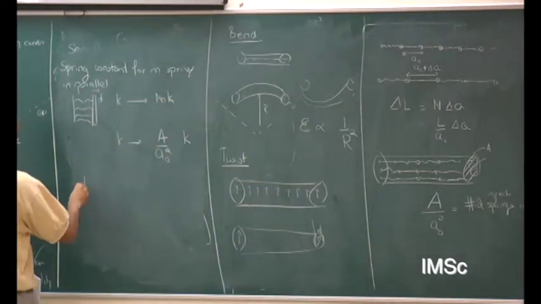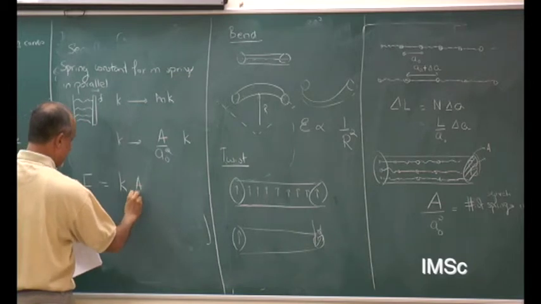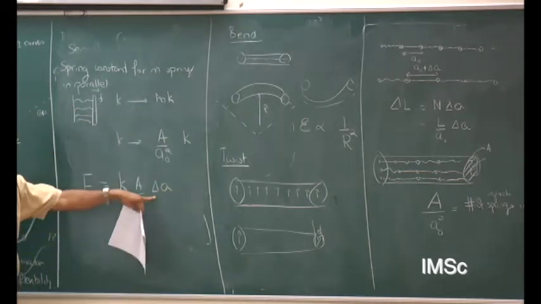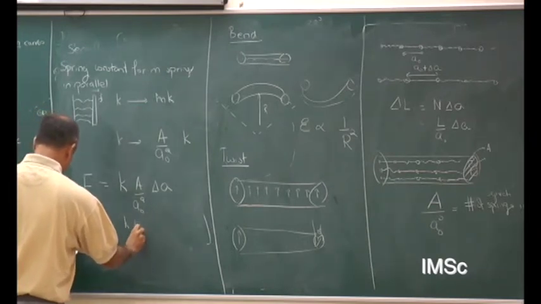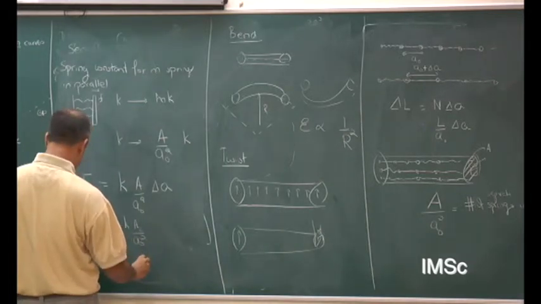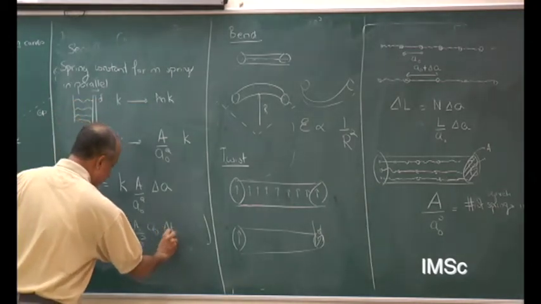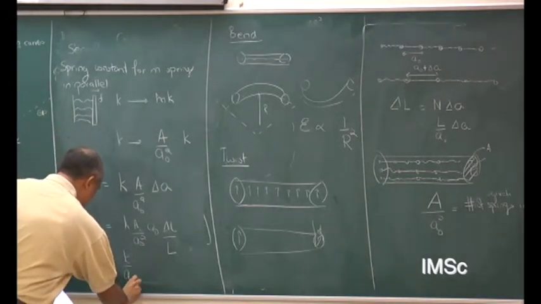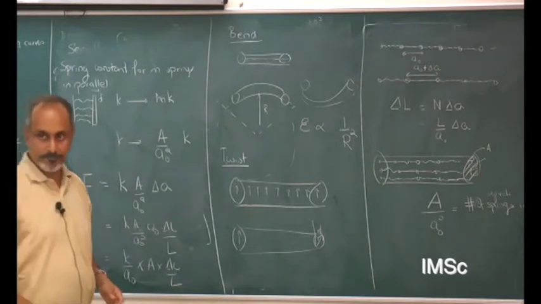So now, the force that you apply leads to k, the spring constant, times A divided by A naught squared times delta A. This is the increase in length of the springs, which is k times A divided by A naught squared times A naught times delta L divided by L, which is k divided by A naught times the factor of A times the factor of delta L divided by L. Okay.